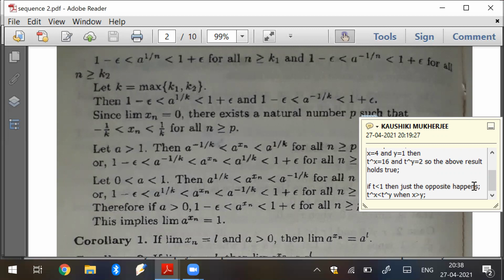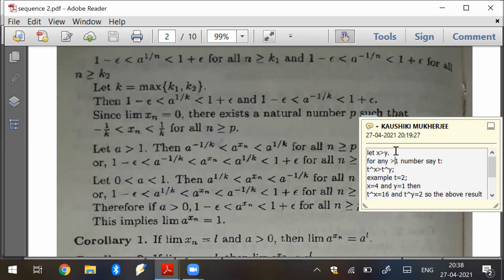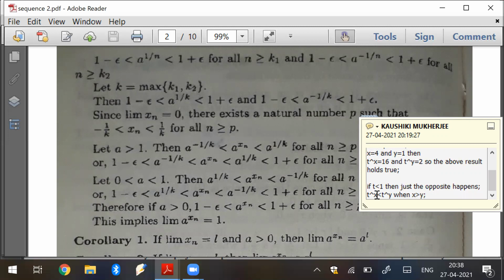Why do I say opposite? x greater than y is given. This is the ordering between x and y. But now if I apply them as exponents over t, that is t to the power x, t to the power y, then the ordering relation just gets reversed. That is, if t is less than 1, then definitely t to the power x is less than t to the power y, whenever x is greater than y. So just these two things they are applying here. Okay, let us see.